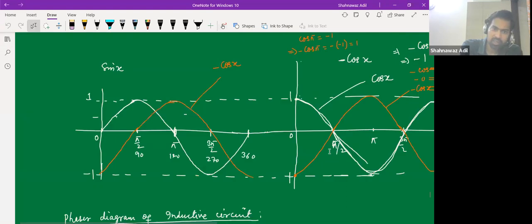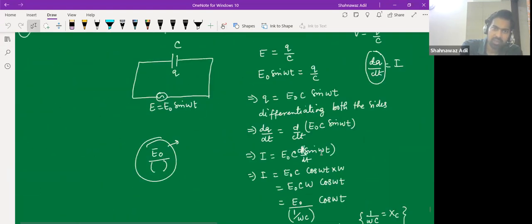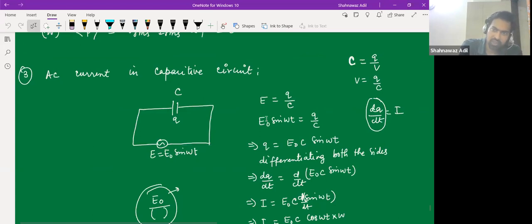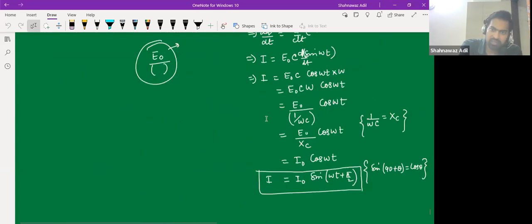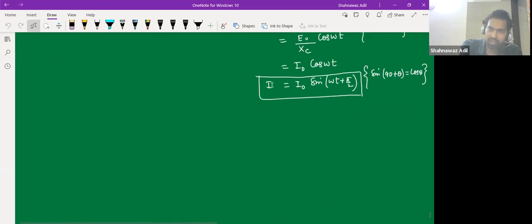So this we did, and then we were doing this capacitive circuit. We completed this capacitive circuit, and we found out that this was the current, right?